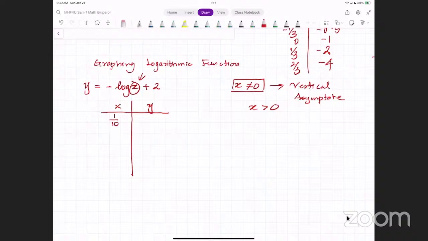Then I will go to 1, then 10. So if you do log base 10 of 1 over 10, you can rewrite it as log 10 to the power of minus 1. So it's going to give you minus 1. And log 1 with base 10 is going to be 0 because 10 to the power of 0 is 1. And then this is going to give us 1.